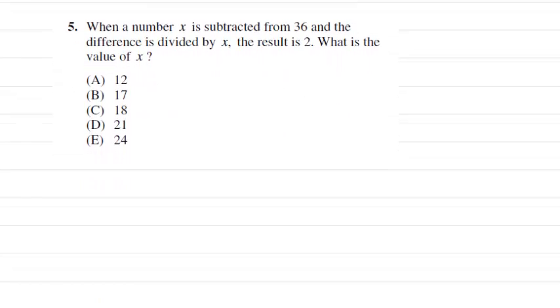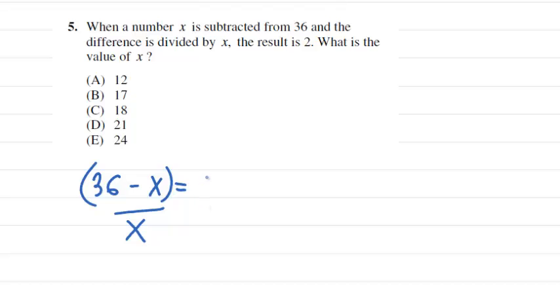Here's a problem from College Board's 2002 practice test. When a number x is subtracted from 36, 36 minus x, and that difference that we just created is being divided by x, the result is 2. What's the value of x?